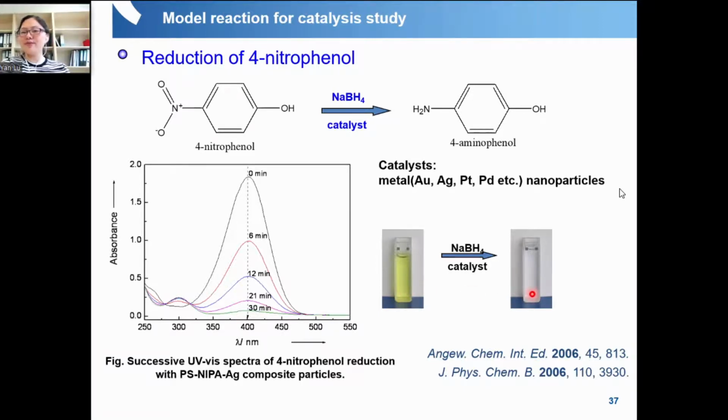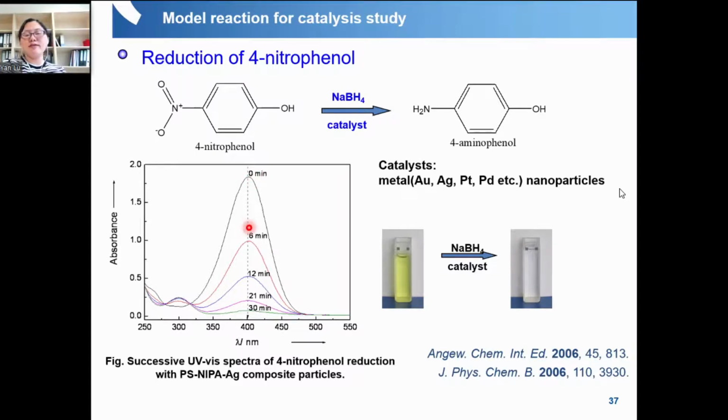So you can follow the reaction by UV spectroscopy as a function of reaction time. And so the absorption of the nitrophenol at 400 nanometers. So you just follow the absorption intensity of the substance.